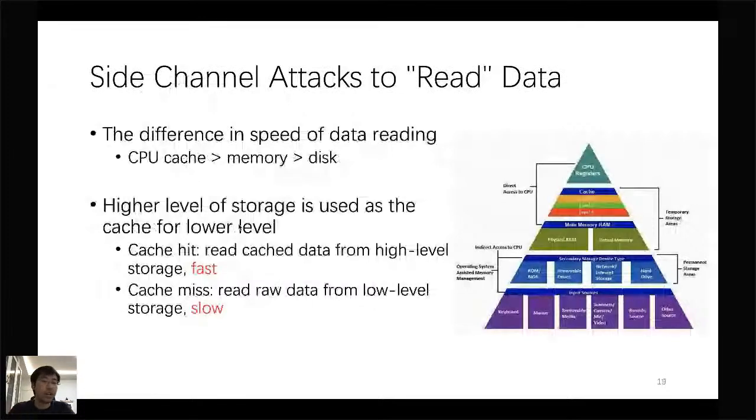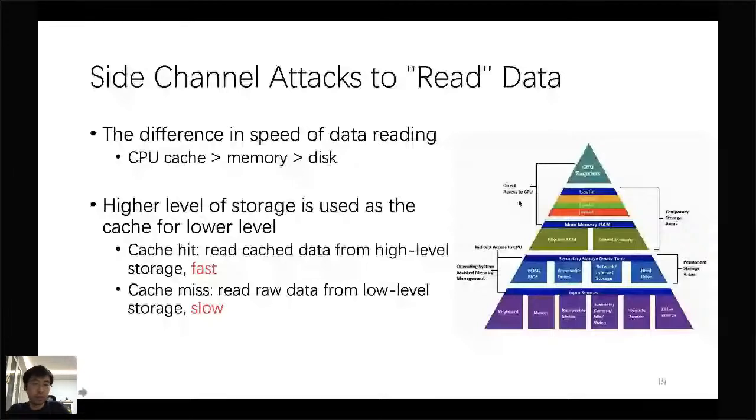And the side channel attack is used to read data from inside the CPUs. An important feature it utilizes is that there is a difference between the speed of data reading in different computer storage.